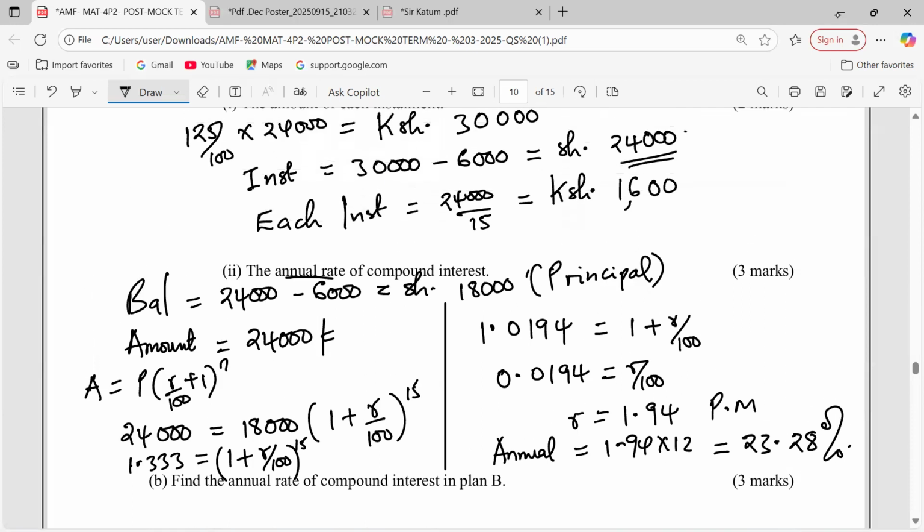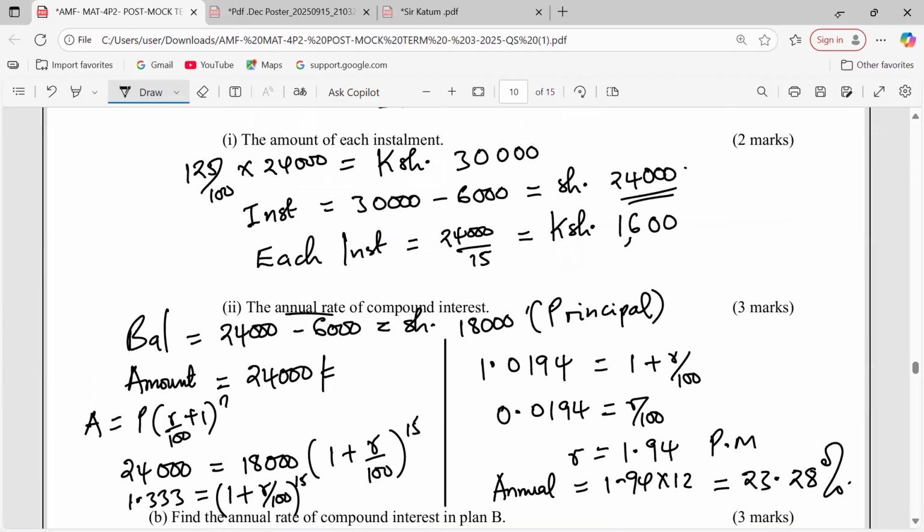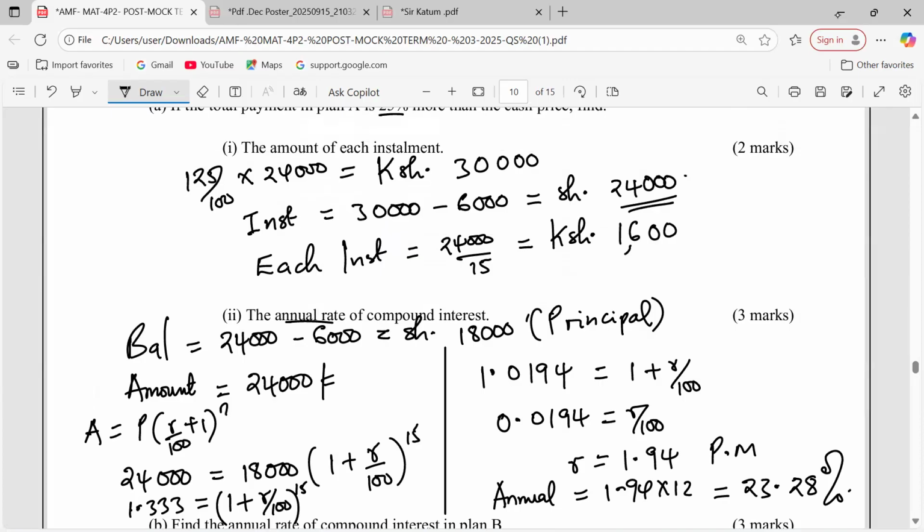And let it be taken clearly that in this particular case, for you to apply the compound interest formula where higher purchase has been involved, we say the balance after down payment is our principal because that's what shall earn interest, and the total installments that will later be paid become the amount.